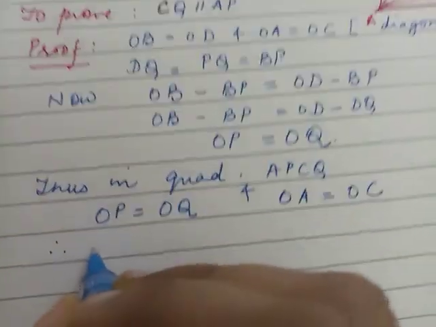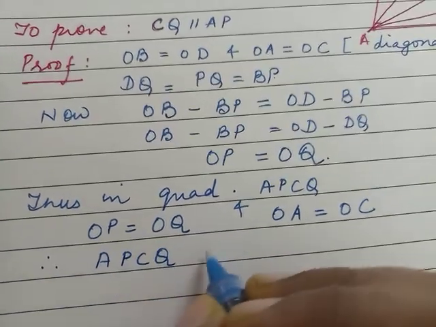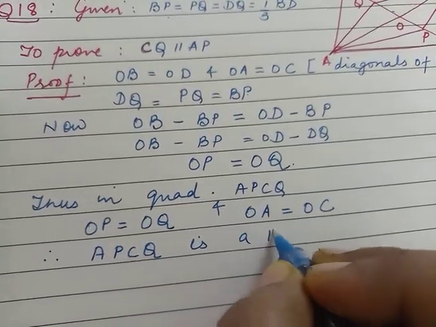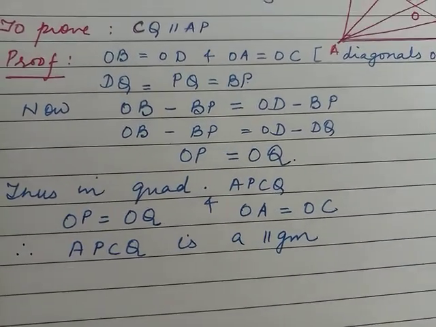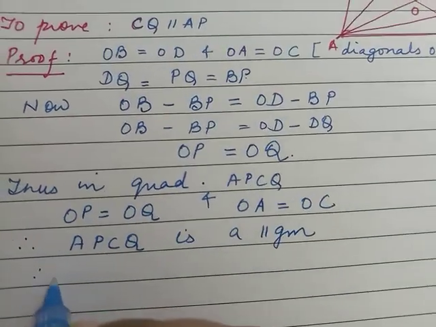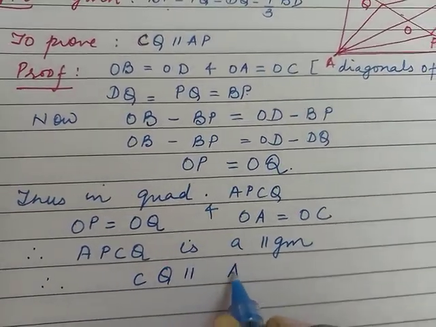Therefore APCQ is a parallelogram, as the diagonals are bisecting. Therefore CQ is parallel to AP.